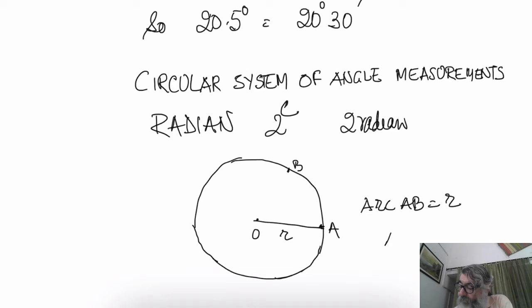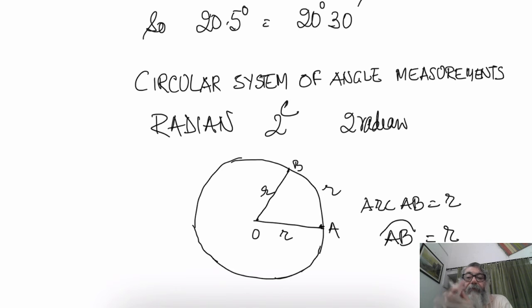We also sometimes denote arc AB like this. Instead of a straight line on top, which indicates a line, I'm writing a circular arc on top. Arc AB is r. This is r. And if I join O to B, then this is also r.